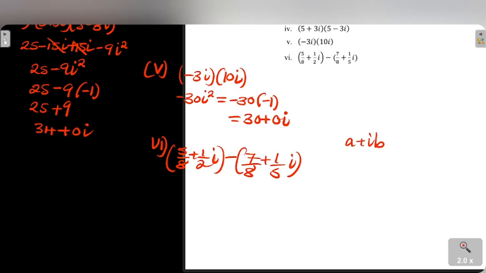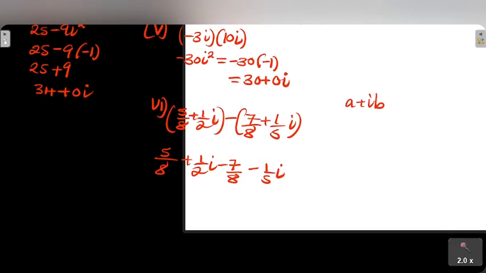To do that, for the first part, to remove the brackets, we have 5/8 + 1/(2i). Then we multiply negative times 7/8, we have negative 7/8. Then negative times 1/(5i) will give us negative 1/(5i). This is what we have.